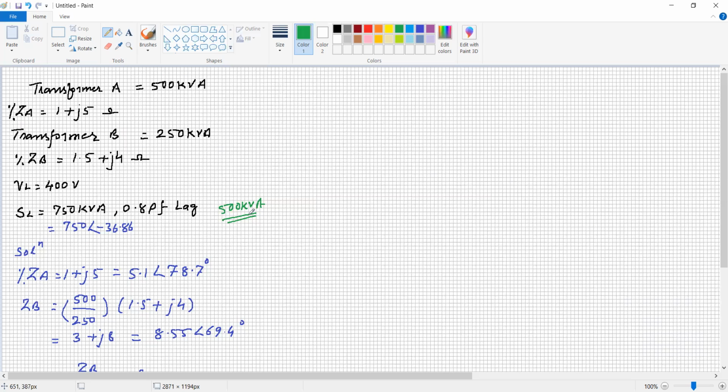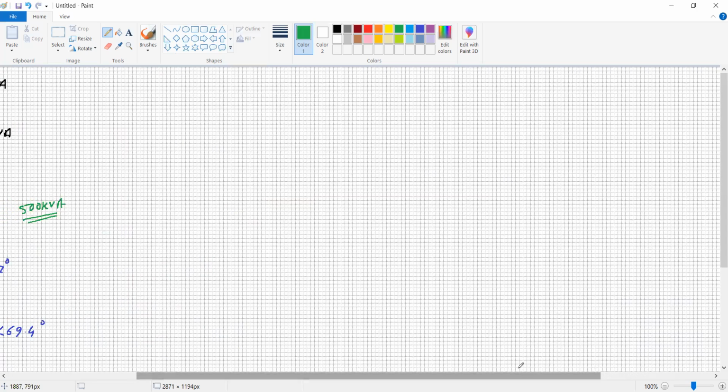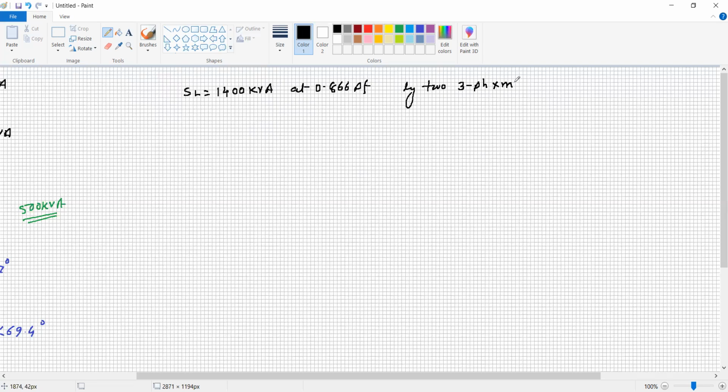Okay, one more example we'll take. A load of 1400 kVA at 0.866 power factor is supplied by two three-phase transformers.